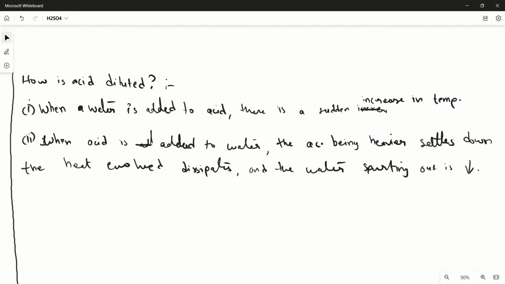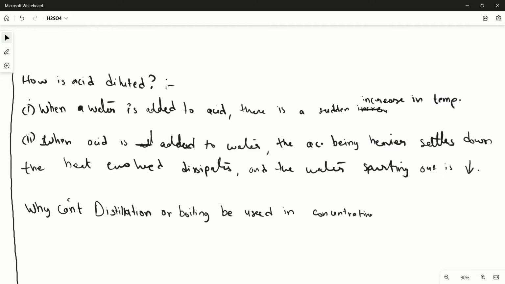What if they ask you a question: why can't distillation or boiling be used in concentrating H2SO4? Why not?